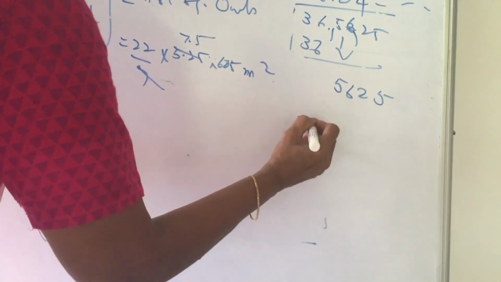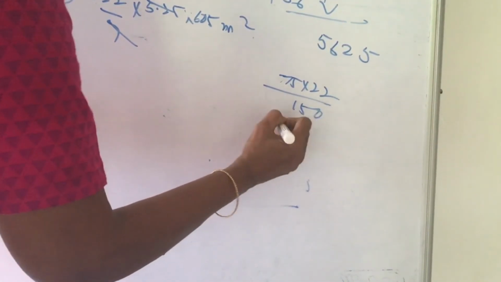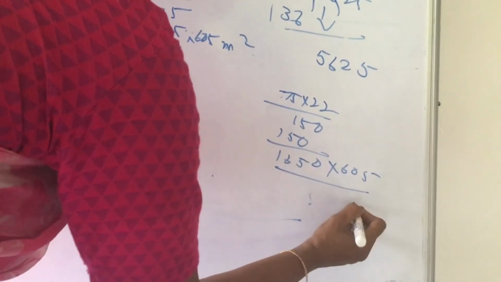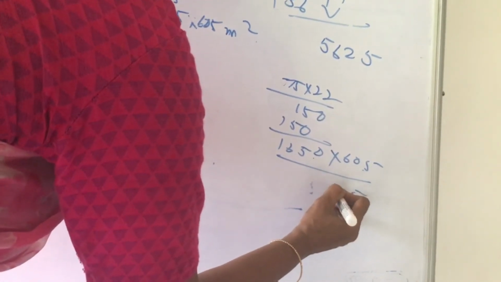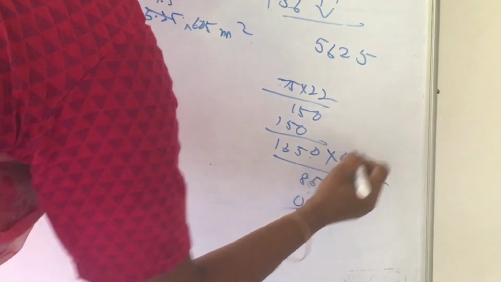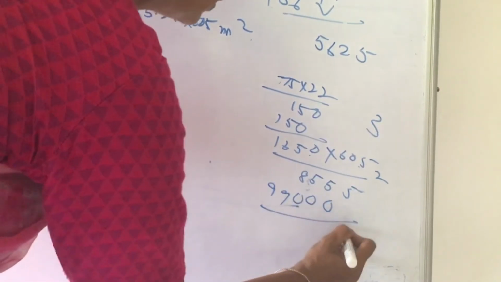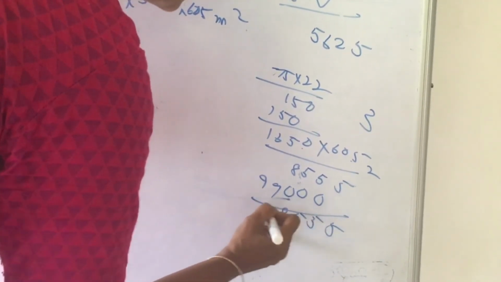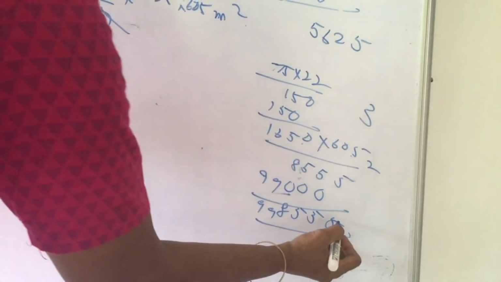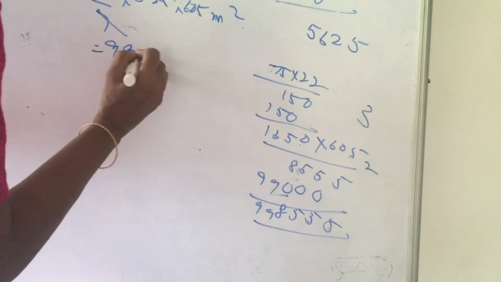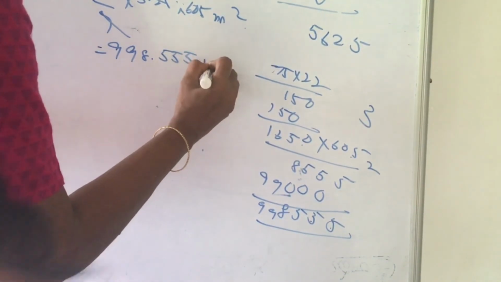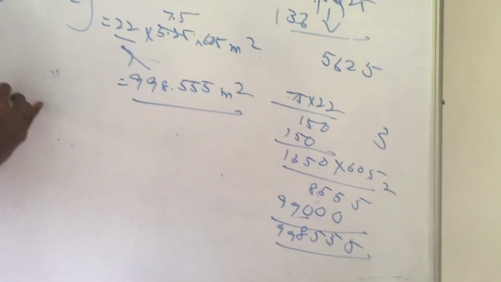Multiply carefully. 75 into 22, 150, 150, 1650 into 605. 5 zeros are 0, 5 5s are 25, 80, 85, 0, 0, 30, 96 plus 3, 99, 8, 99. Put the points. How many figures, children? 1, 2, 3. 998.35 meters square. Hope you have followed, children.